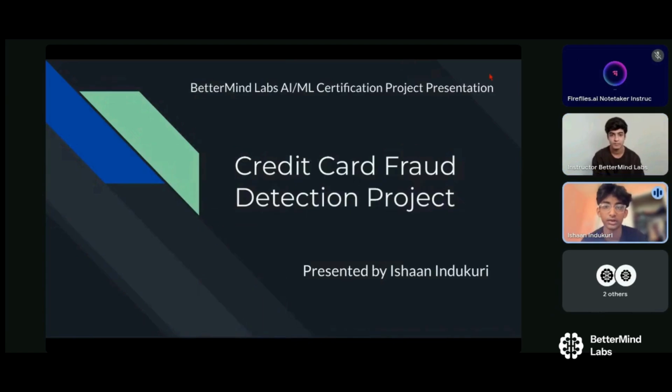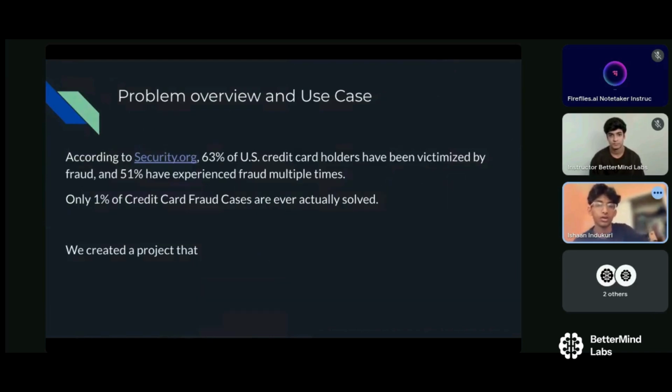So yeah, this is my project for the AIML certification. The problem overview: oh, sorry. Oh wait, something didn't save. I'll continue. So the overview is, according to security.org, 63% of U.S. credit card holders have been victimized by fraud, and 51% have experienced fraud multiple times, and only 1% of these credit card fraud cases have actually been solved.